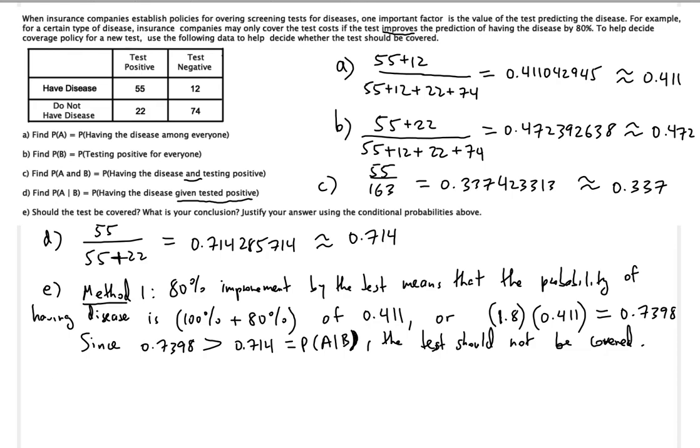The second method is to use percent change. Now, how does that work? Percent change means that you take the test probability, the conditional probability, subtract the general probability from it, and divide by the general probability.